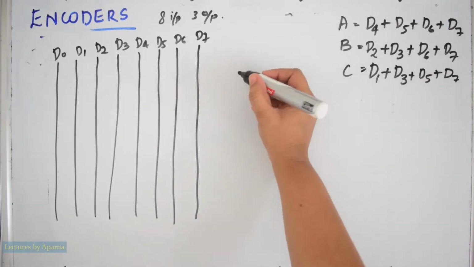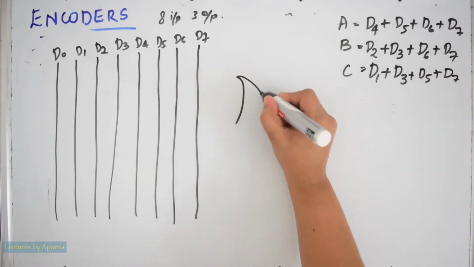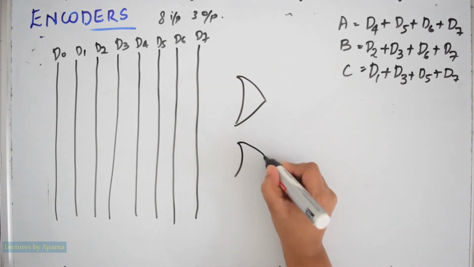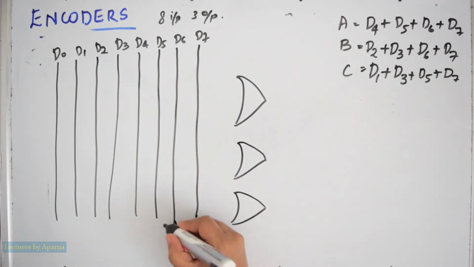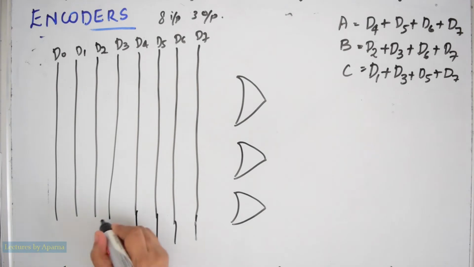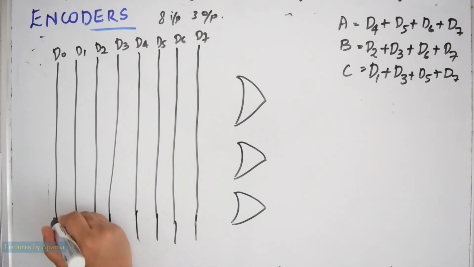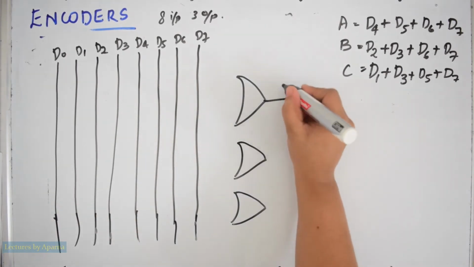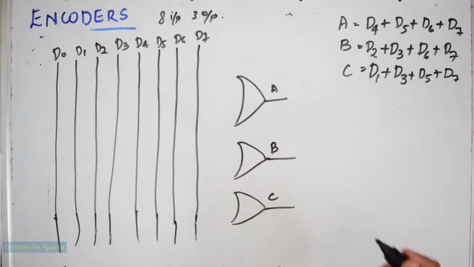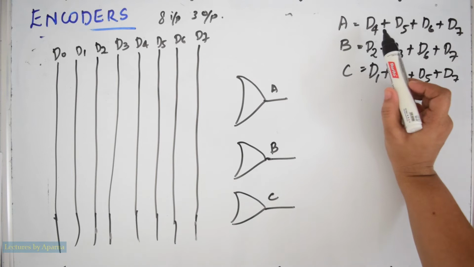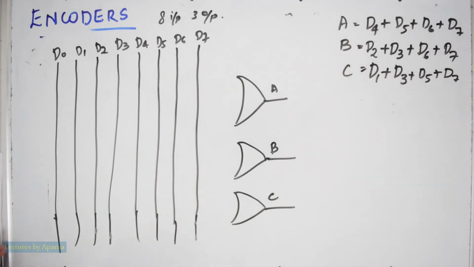We are performing OR operations, so I'll have 3 OR gates. Let this output be A, let this be B, and let this output be C. So to A, which terminals are connected? D4 is connected.